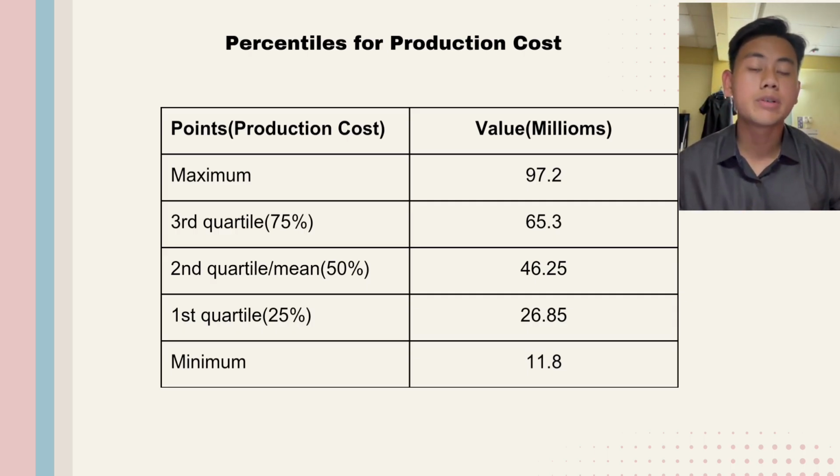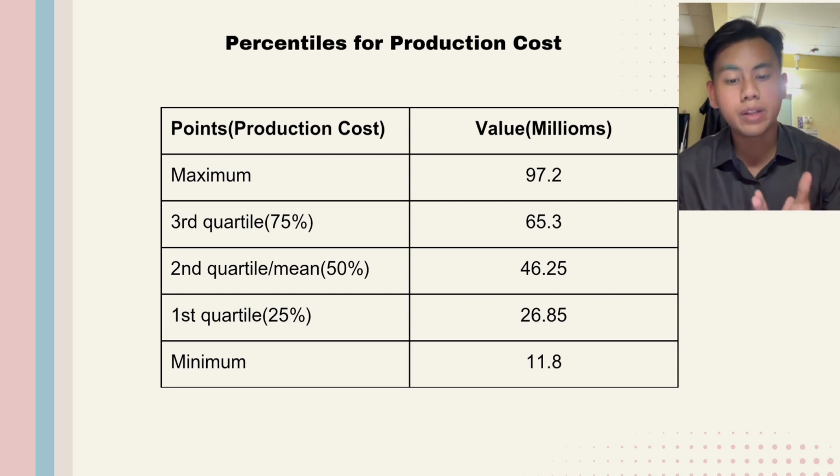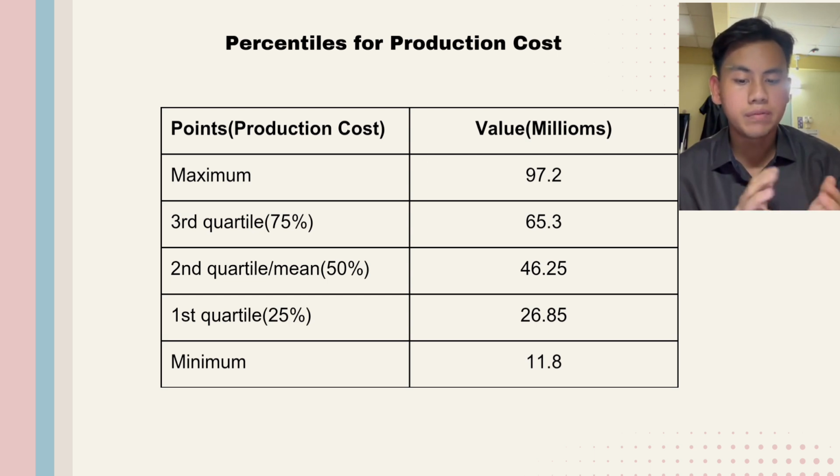For the production cost, by the formula applied, we can get certain points. The maximum value is around 97.2, while the third quartile or 75% of the data is 65.3, and the second quartile or median, the 50% of the data, is 46.25, and the first quartile, around 25%, is 26.85.